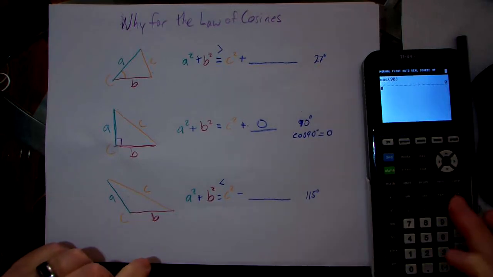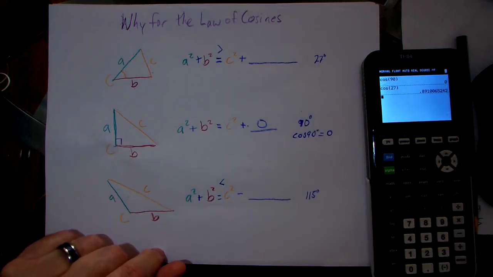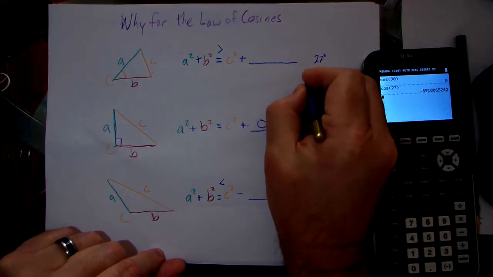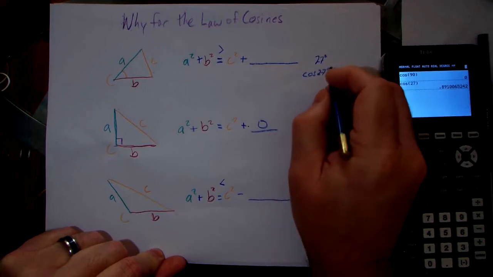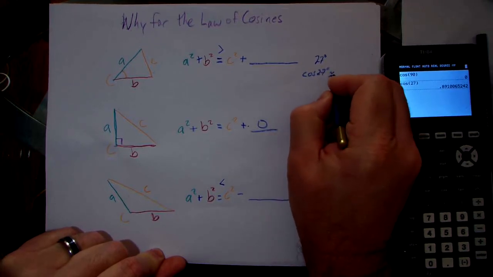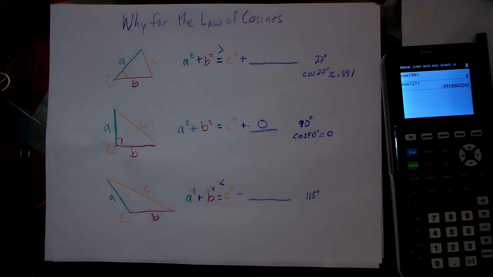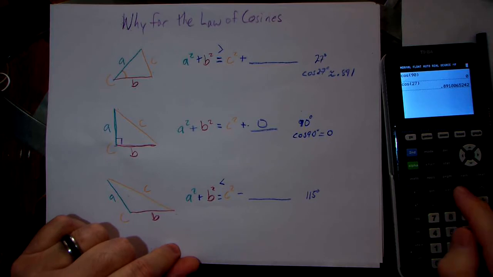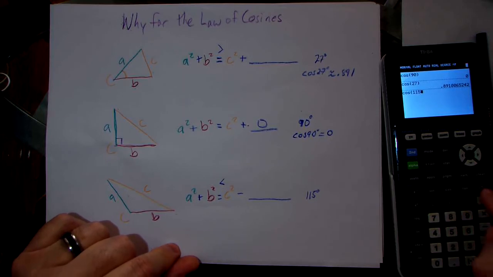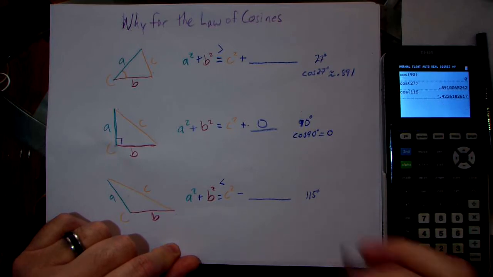If I take the cosine of 27, I'm going to get approximately 0.891. Now, if I take the cosine of 115, something really interesting happens. I should get a negative number.